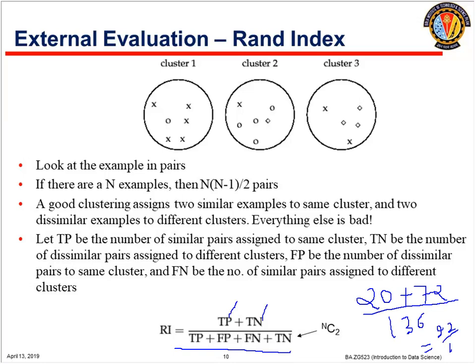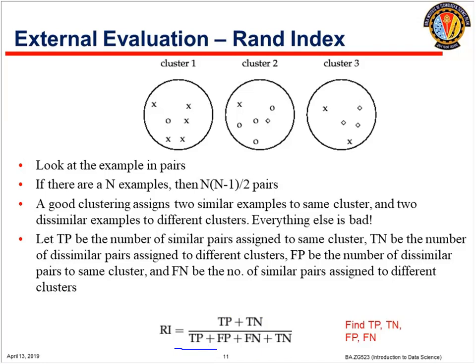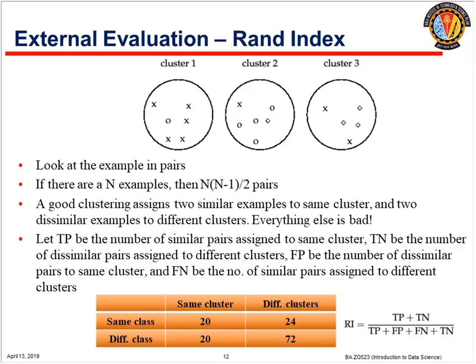So let us look at the actual answers. Yeah, so they are correct. Okay. So these are the pairs. If they are same class and same cluster, it is TP. Okay. Same class but different cluster, it is false negative.